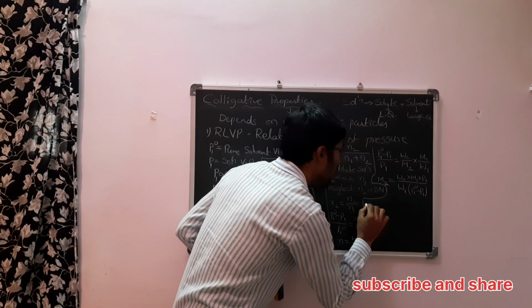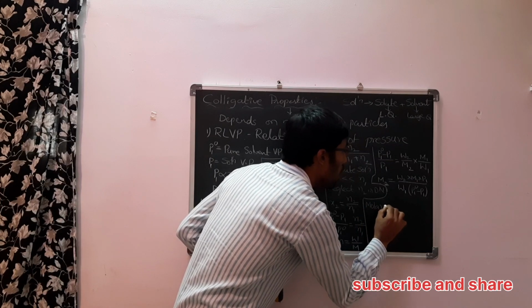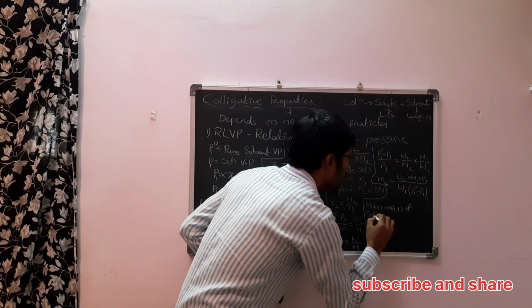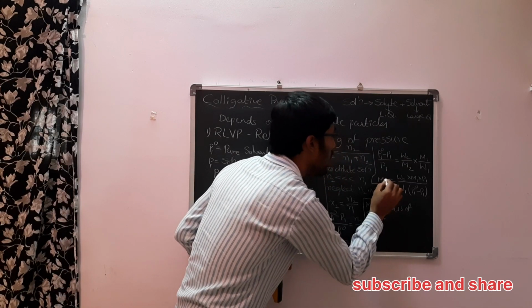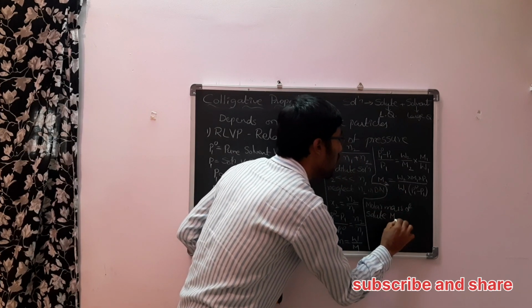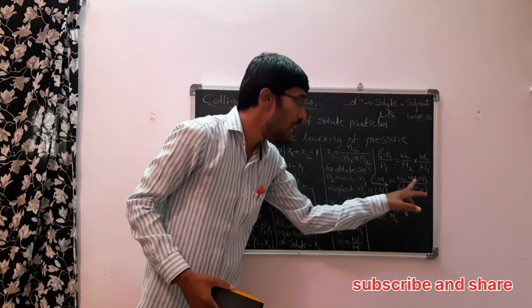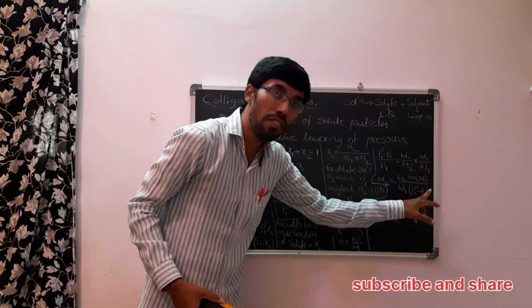So what is M2? It is the molar mass of solute. This equation is the relation between the molar mass of solute and the relative lowering of vapor pressure.